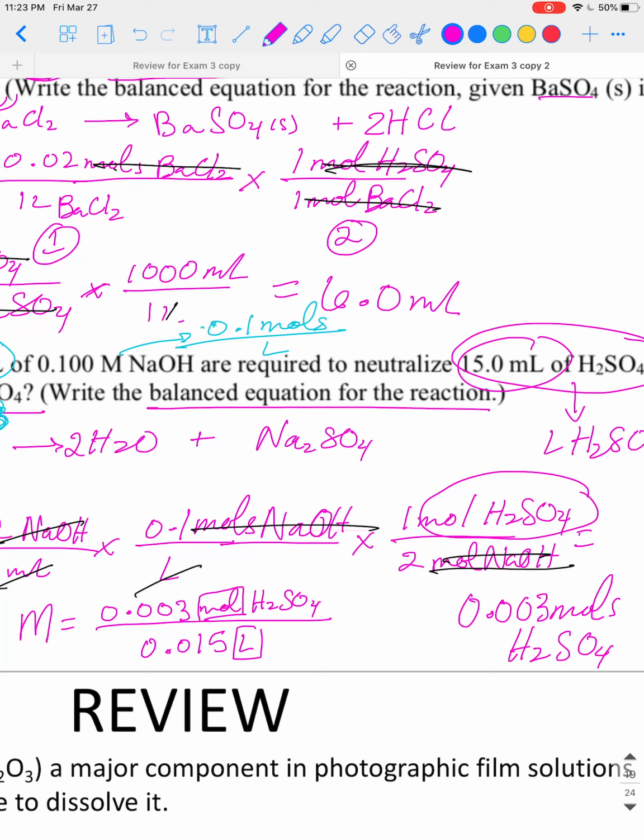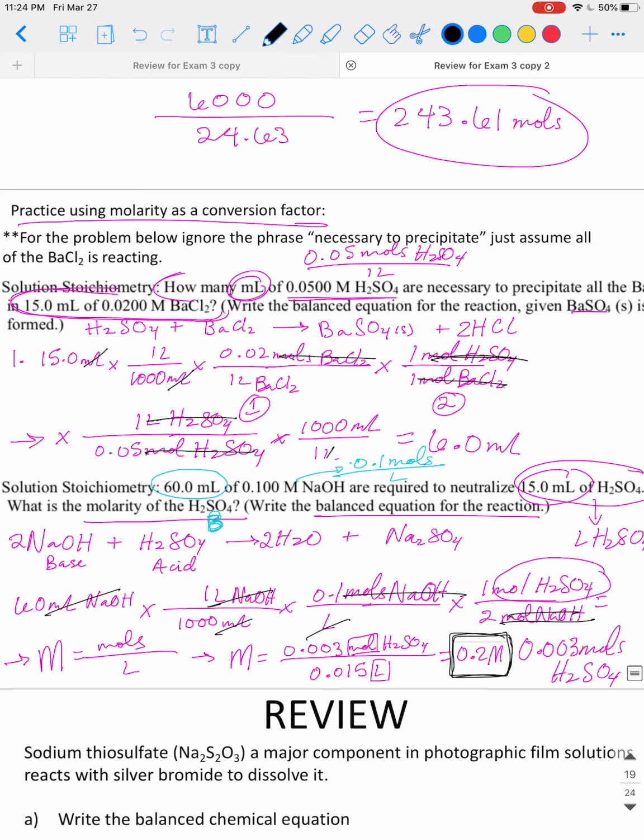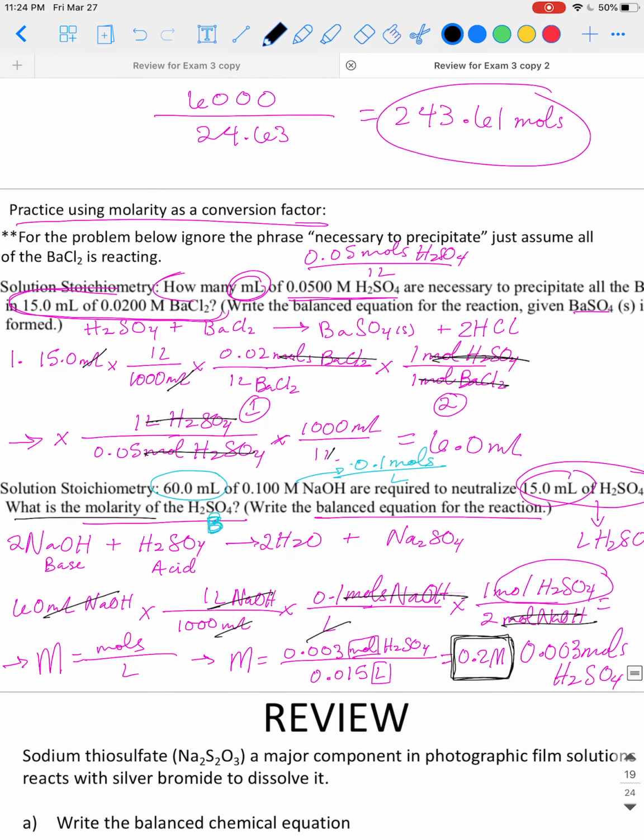Molarity is moles divided by liters. So if we do this, 0.003 divided by 0.015, you should get a molarity of 0.2. We'll do capital M. And this is our answer for the problem. Okay? It said, what is the molarity of H2SO4? And we have solved, it's 0.2 molar.